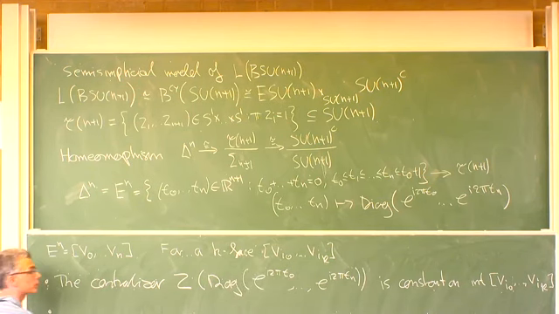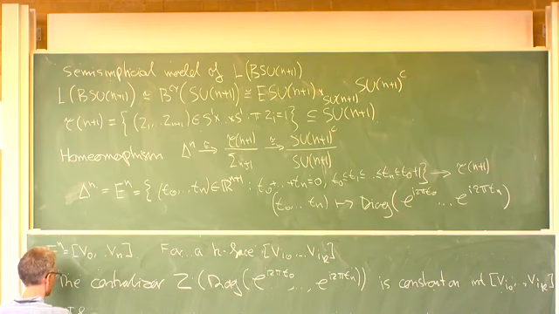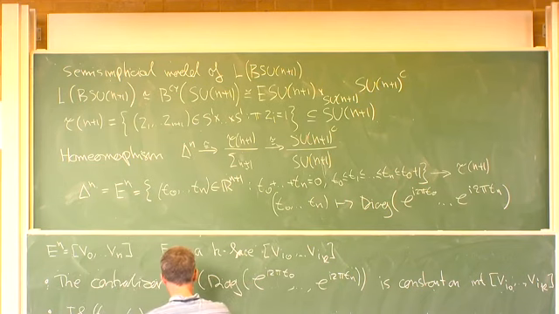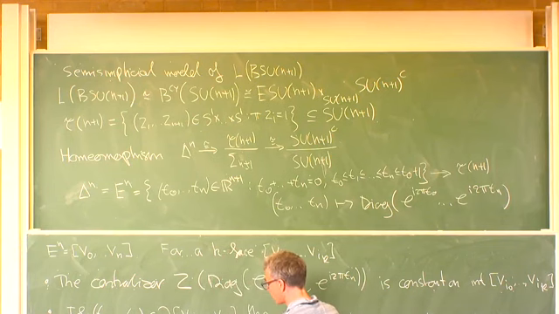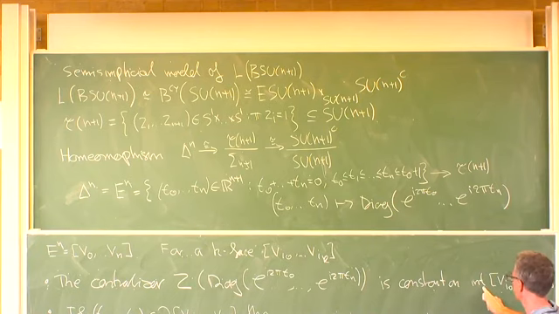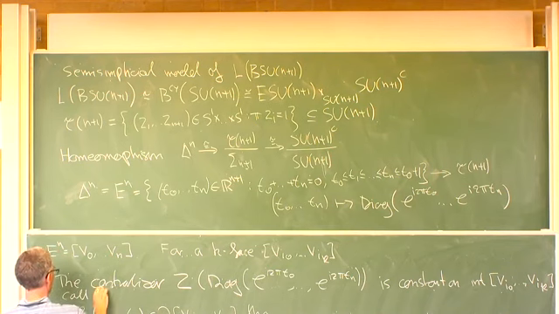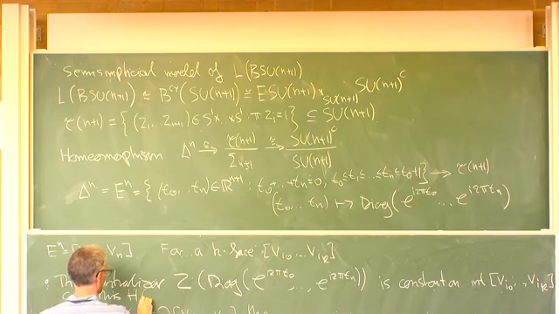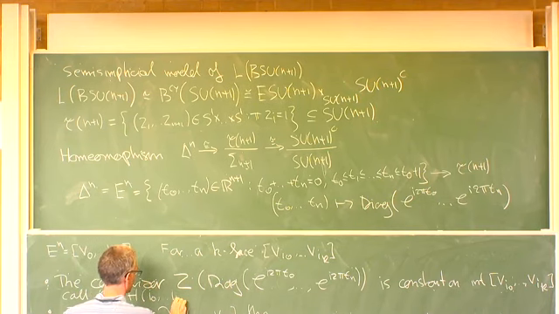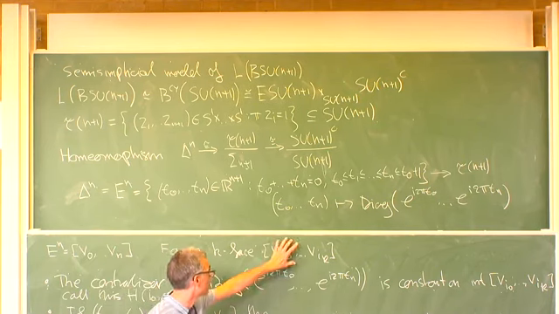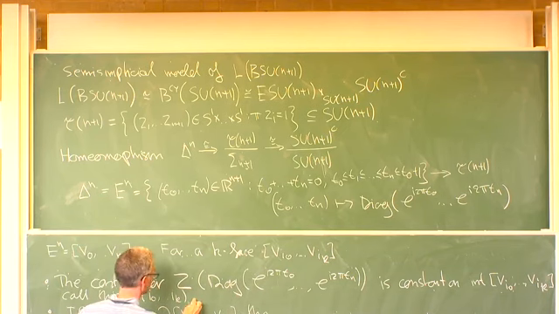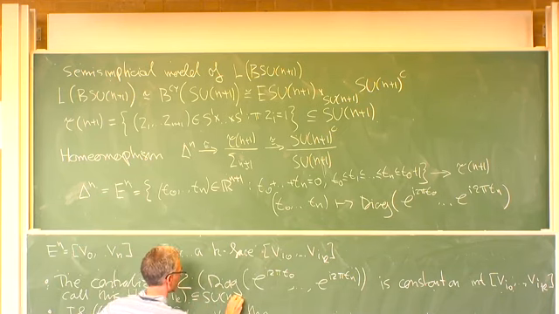And the second thing is that if we have a point on the boundary of this face, then, now I want to give a name to this centralizer. Call it H of i_0 up to i_k. So for each face we have a specific subgroup of the special unitary group.